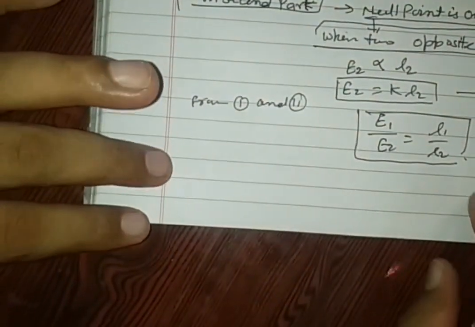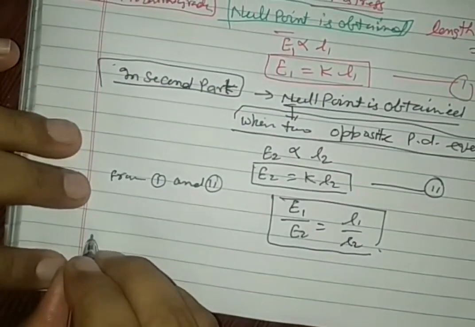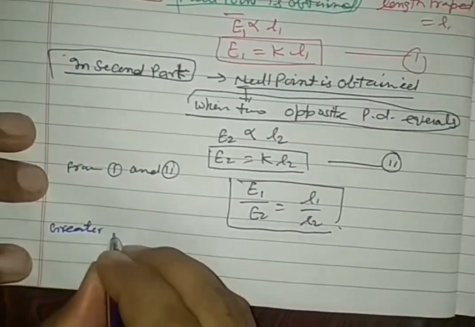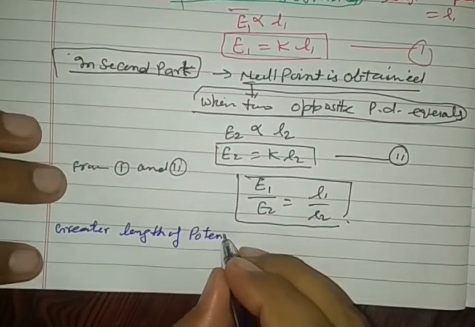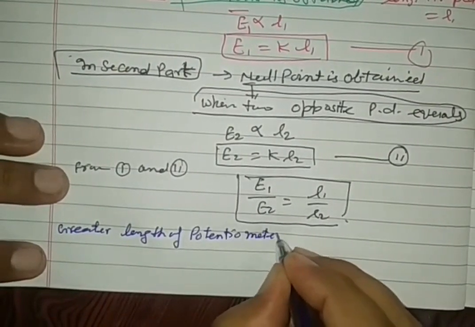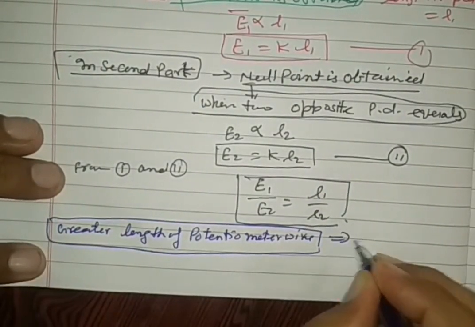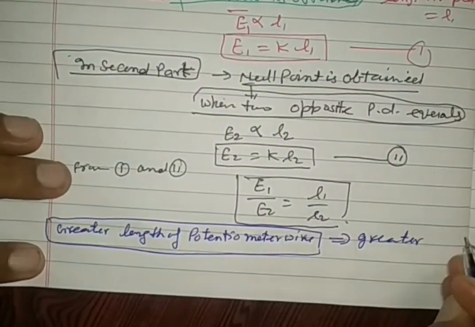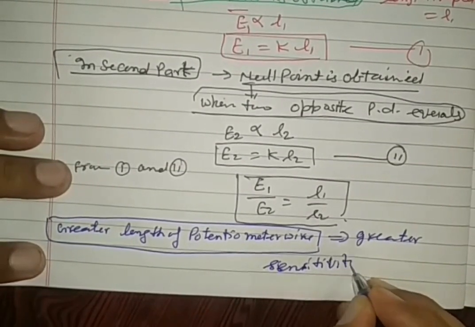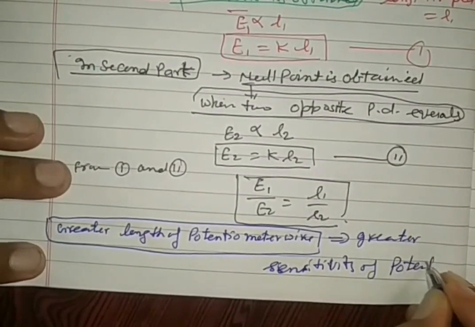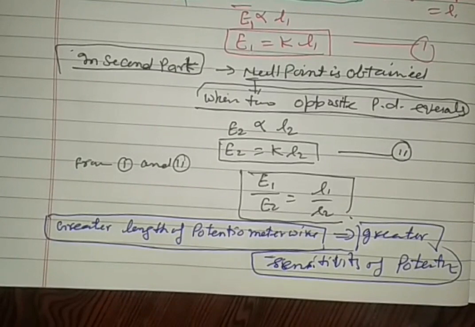So we can write a very important point: greater length of potentiometer wire implies greater sensitivity of the potentiometer. The accuracy in the result increases.